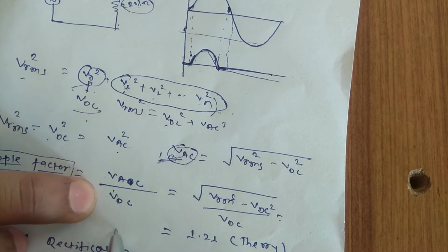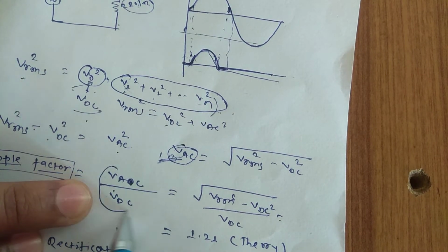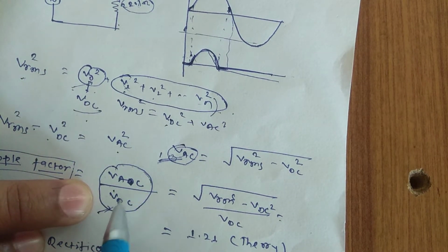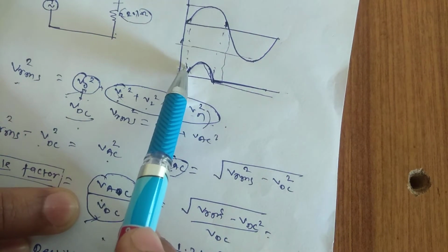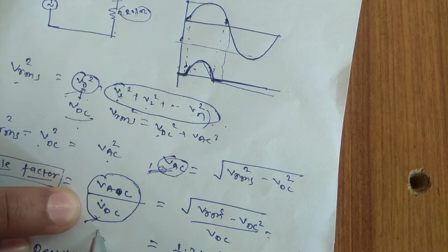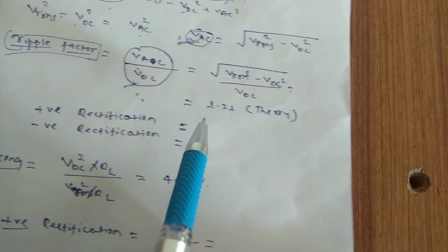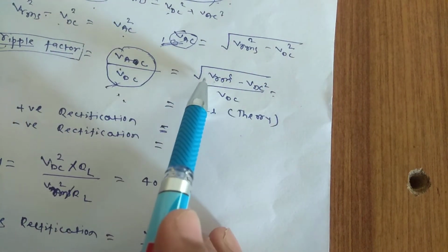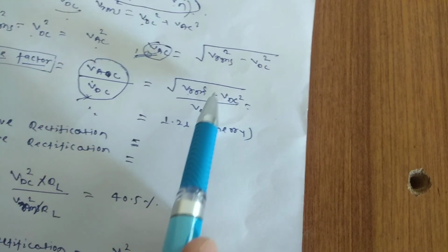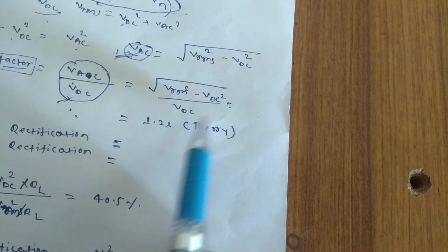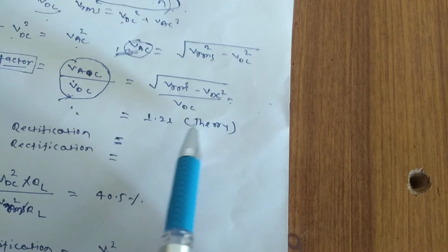The AC component divided by the DC component, VAC divided by VDC, will give you the ripple factor. This is given by the formula: square root of VRMS square minus VDC square, divided by VDC.